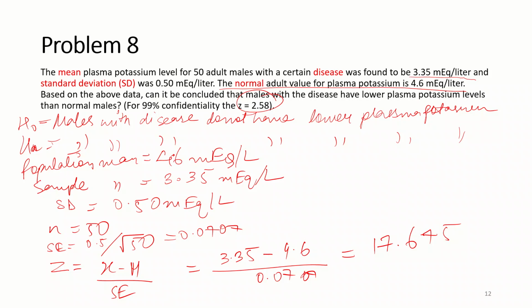Yes, if there is no connection with the effect, that's the null. And if there is a relation, then H1 should be that they are connected somehow. You can write H1, like I have written HA. It's just notation here. No connection between variables as far as the null hypothesis is concerned.